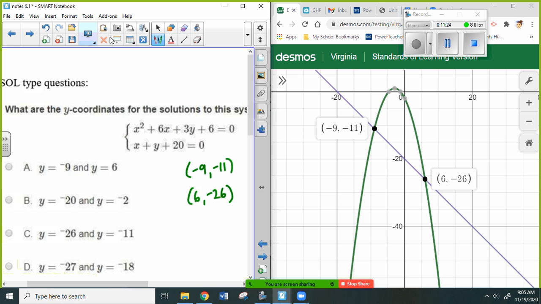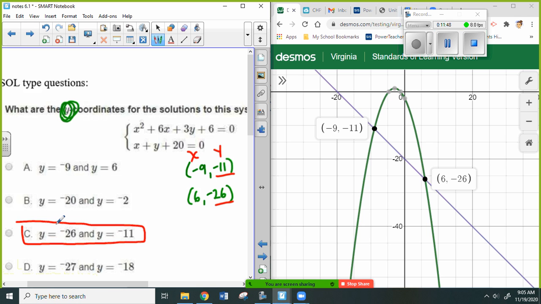But you got to pay close attention: the question said, what are the y coordinates? So please remember that the y coordinates are the second number in the ordered pair. The first one's the x, the second one's the y, and so you need to make sure you choose the appropriate answer.